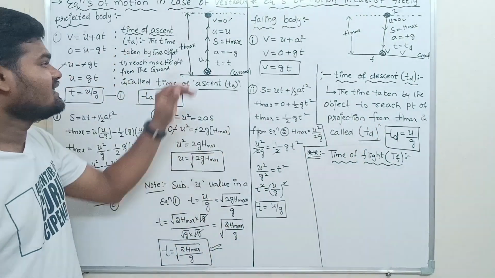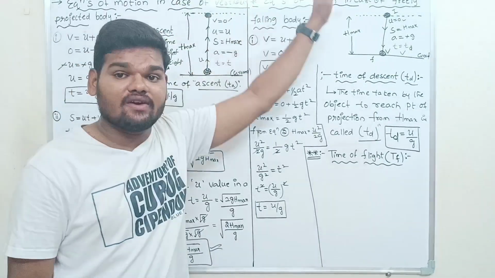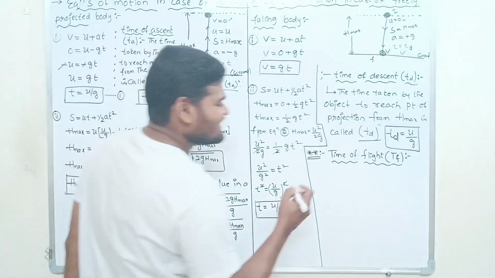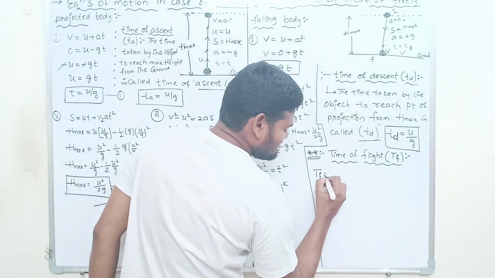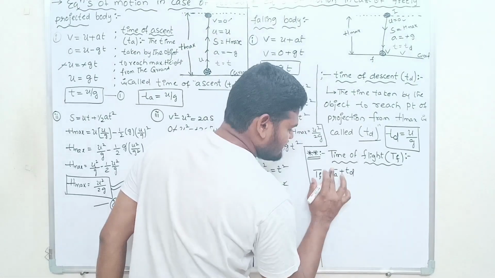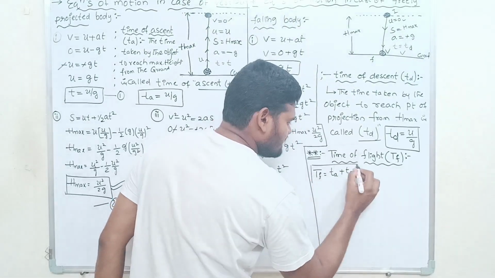That means simply the sum of time of ascent plus time of descent is called what? Time of flight.